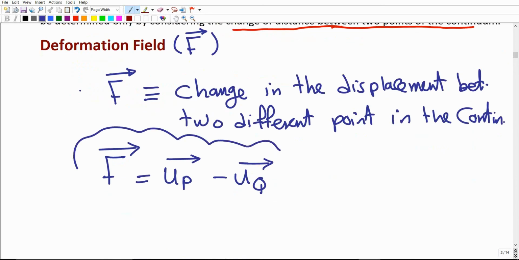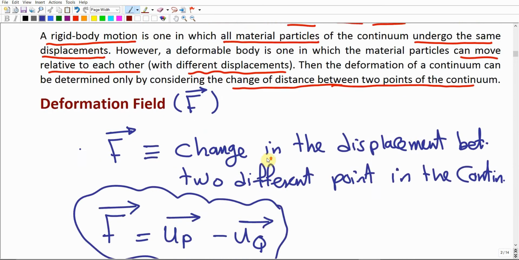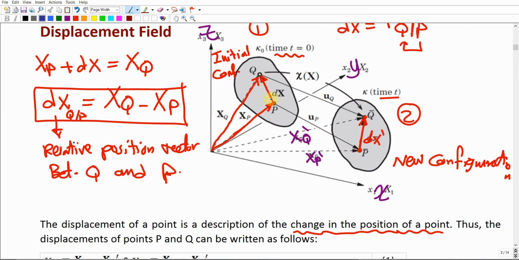We can even derive this expression very simply if we consider this delta x, the distance between these 2 points, and this delta x dash. So this is before deformation, this is after deformation, or this is at configuration 1 and configuration 2, right? Someone could say that the deformation should be related to how much of a change there is in this delta x.